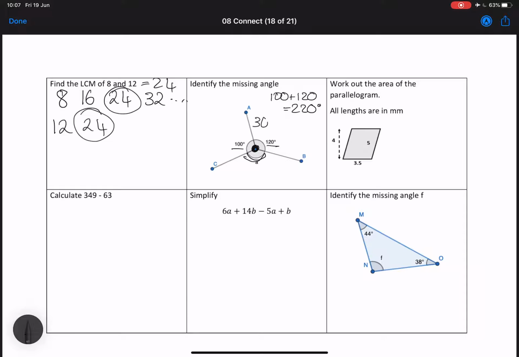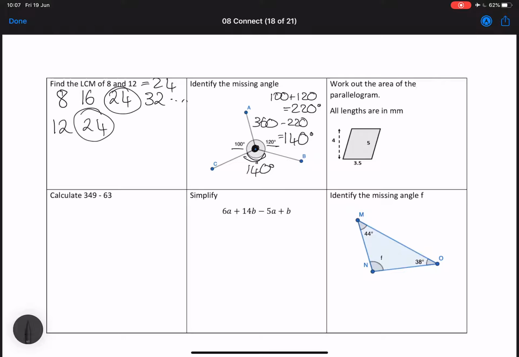I then do 360 take away 220 because angles around a point add up to 360. And that tells me that angle A must be 140 degrees left over. I can check it by saying 140 plus 100, that's 200, plus 240, then plus another 120, that adds up to 360, so I know I'm correct.